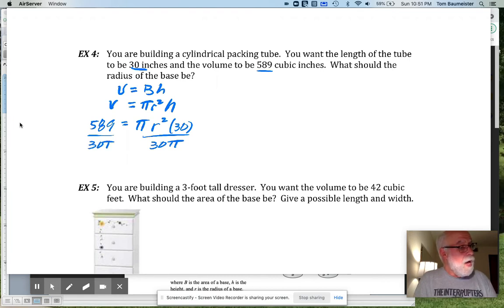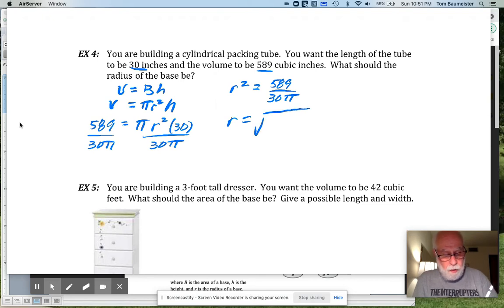So if I do that, then I'll get r squared is equal to 589 divided by 30 pi. And to get r by itself, again, how do I undo a square? I square root it. So I'm going to take everything and put it under the square root symbol.